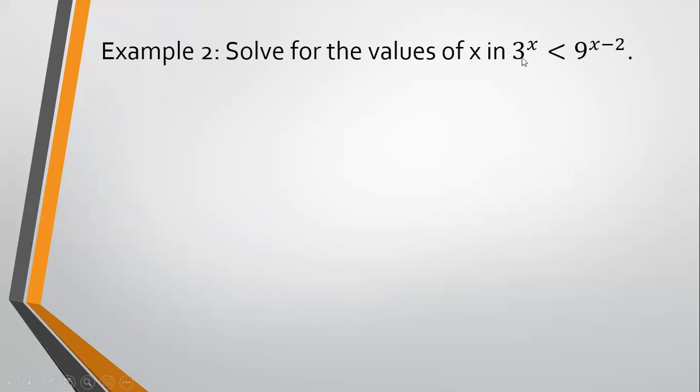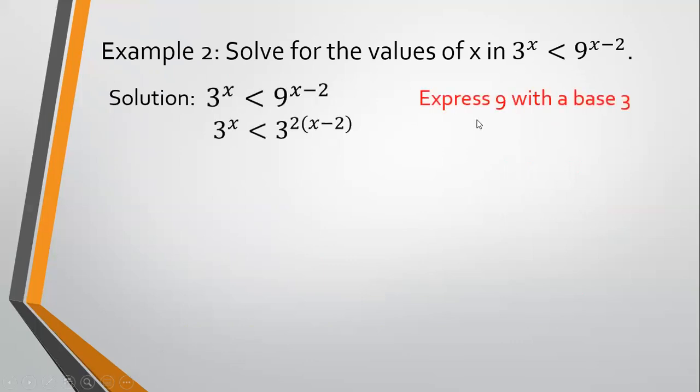Solving for x in 3 raised to x is less than 9 raised to x minus 2. So express 9 with the base of 3. So you'll have 3 raised to x is less than 3 raised to the second power, which is the value of 9, raised to x minus 2. Obviously the b is greater than 1, so we don't need to change.